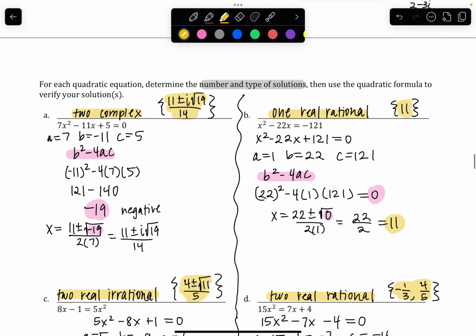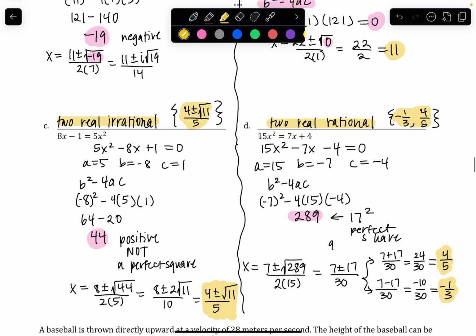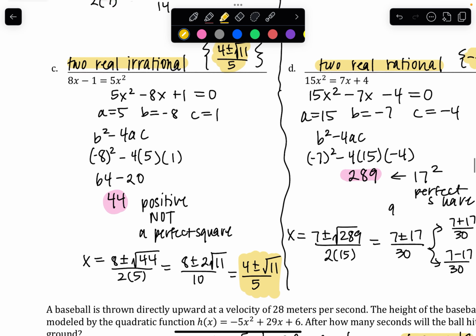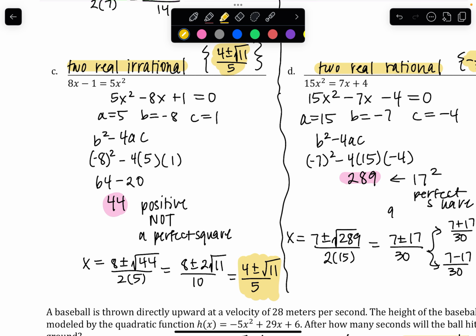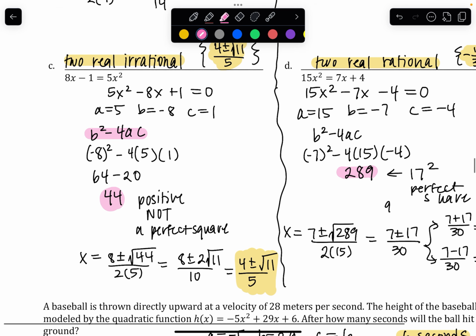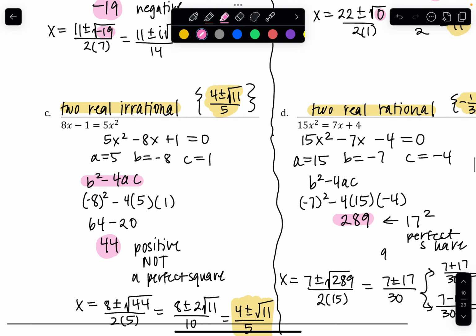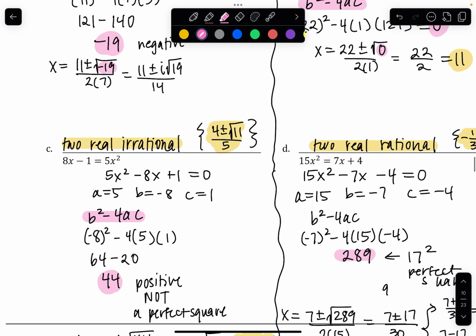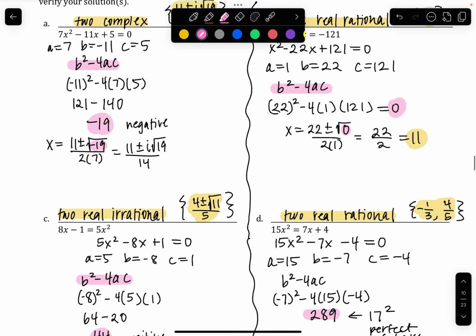It's one real and it's rational. Okay, over here on C, once we identify a, b, and c, calculate the discriminant, we get 44. It's positive, but it's not a perfect square. So that's how we know there's going to be two real irrational, no i.